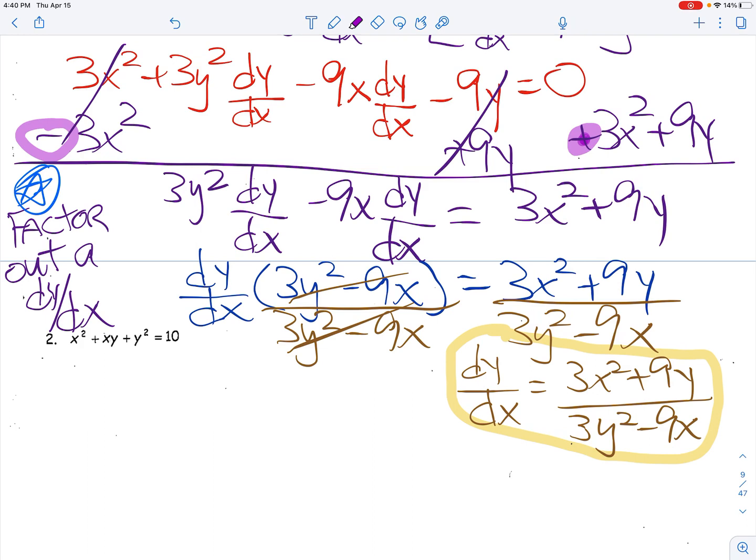You know, I subtracted 3x squared over here, right? Knocked that out, good. But for some reason, I wrote plus 3x squared over here and not minus 3x squared. So I gotta change this answer here.